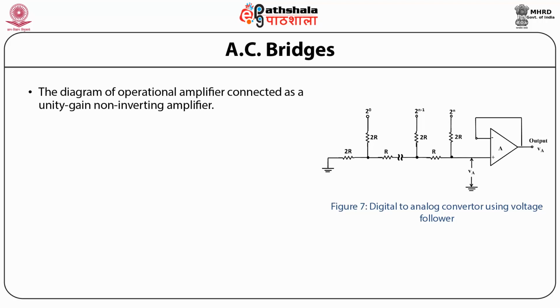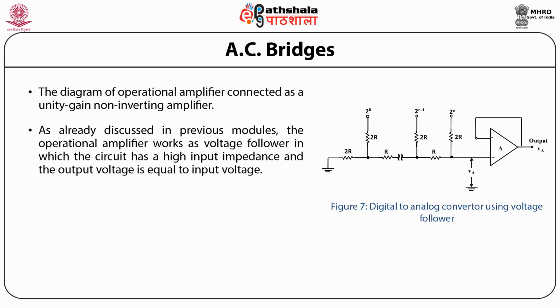The figure below shows the diagram of an operational amplifier connected as a unity gain non-inverting amplifier. As already discussed in previous modules, the operational amplifier works as a voltage follower, in which the circuit has a high input impedance and the output voltage is equal to the input voltage.